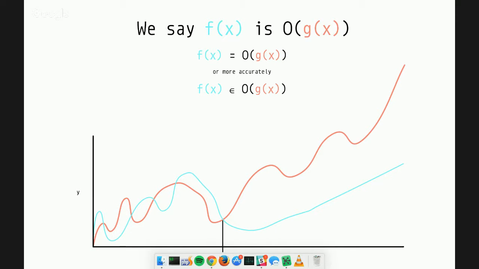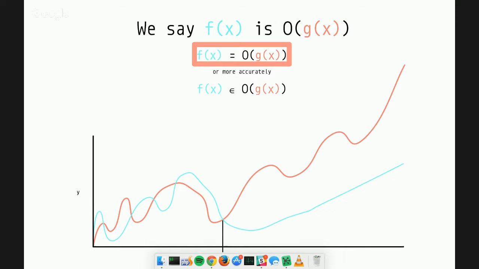So we say that f of x is big O of g of x. And in literature, a lot of times it'll say f of x equals big O of g of x. I do not like that. I don't like that notation at all because it's a huge abuse of this equals operator.